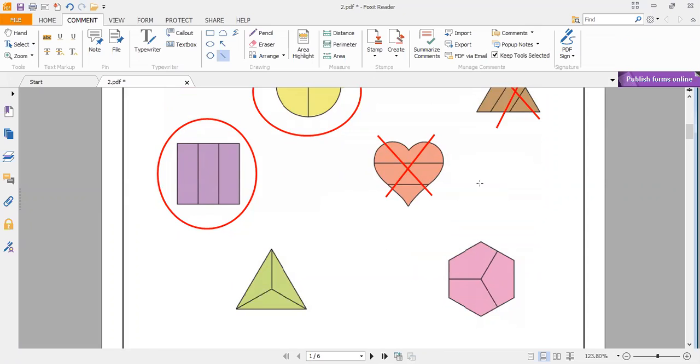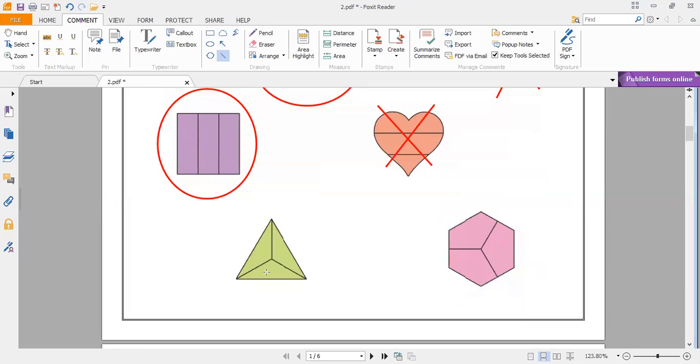Okay Shahd, can you leave my mic and not talk? Of course. Go ahead Shahd. The green triangle. Does this show thirds? Yes.